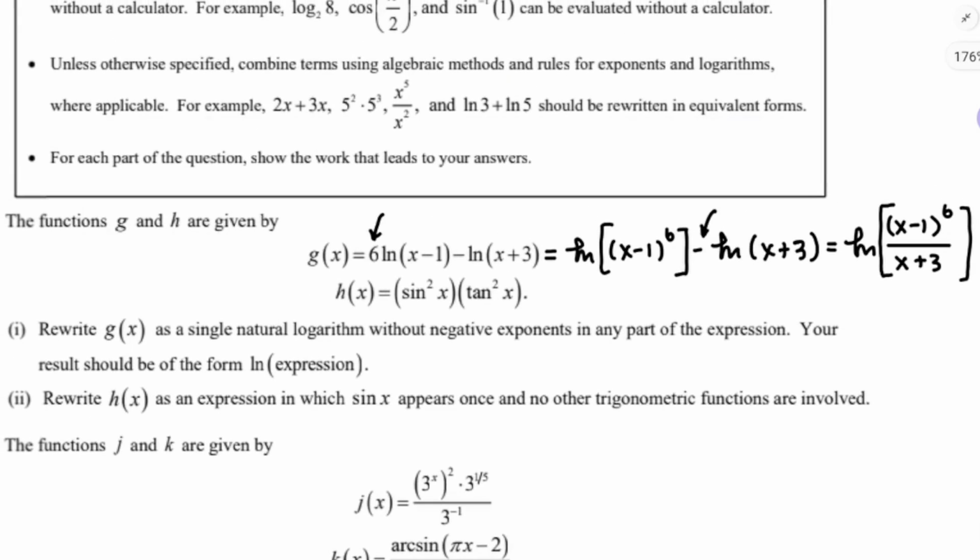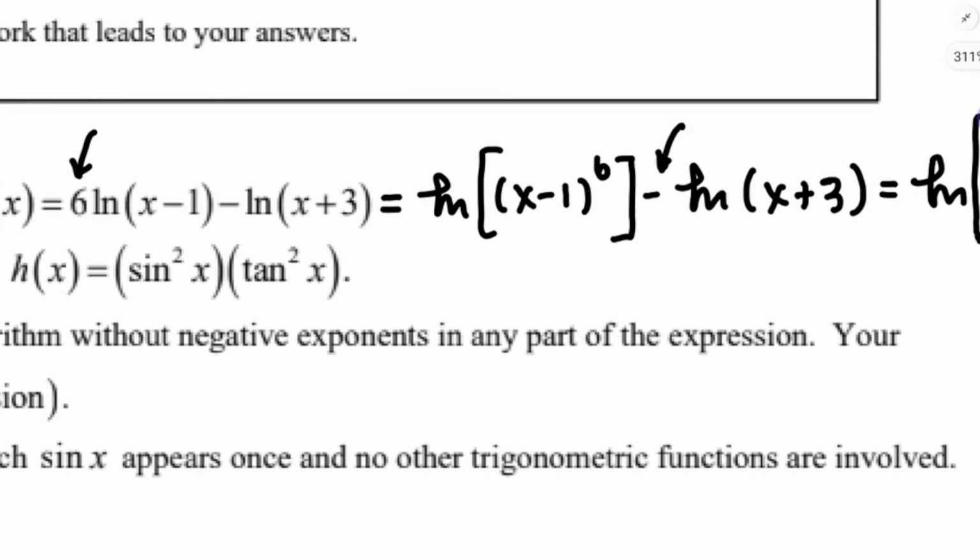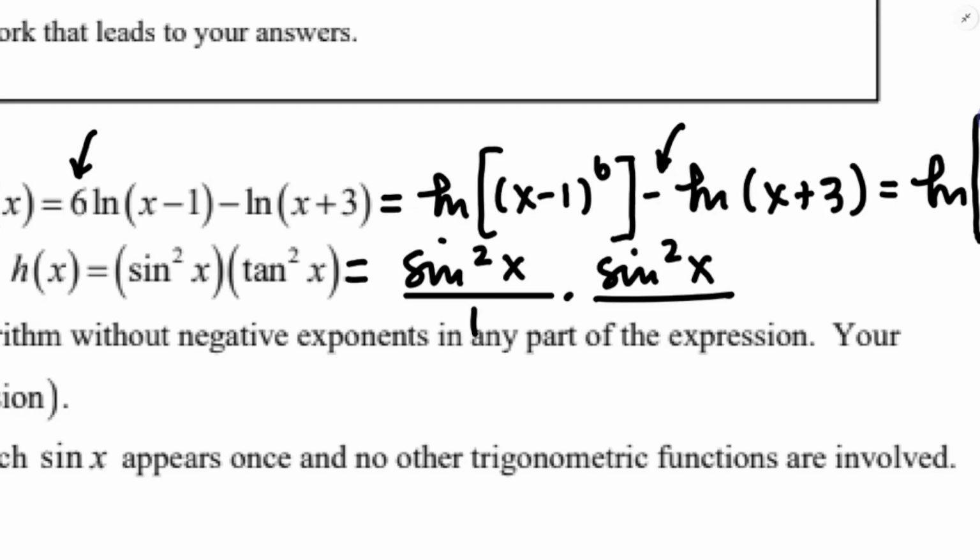All right, then part A2, rewrite h as an expression with sine once and no other trig functions. Okay, sine squared, tangent squared. Oh, that's interesting. I'm just going to start in on it. I'm not seeing what's going to happen here. Sine squared x over 1 multiplied by tangent squared is sine squared x divided by cosine squared x.